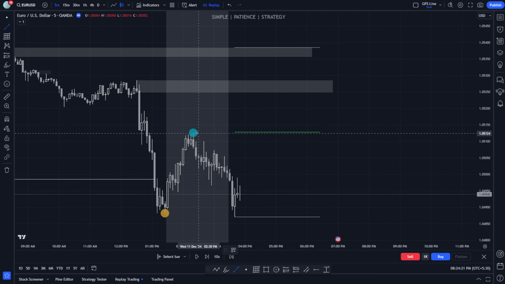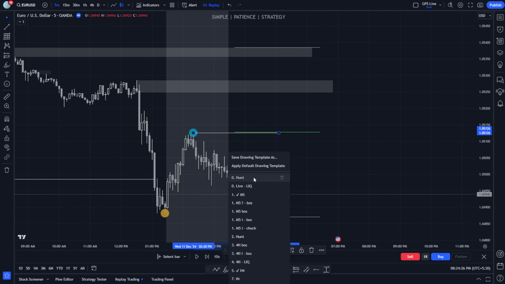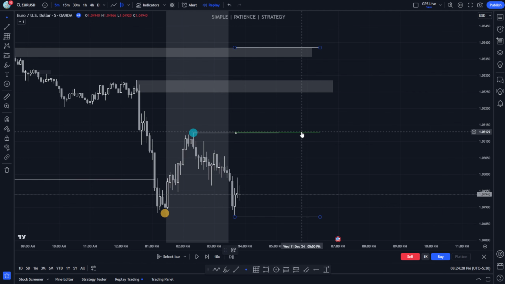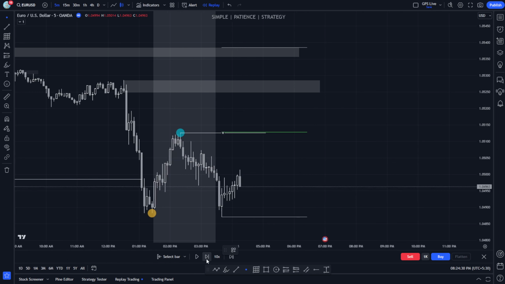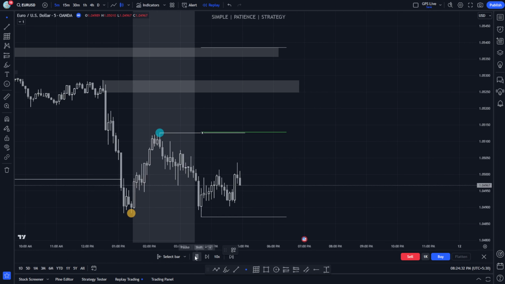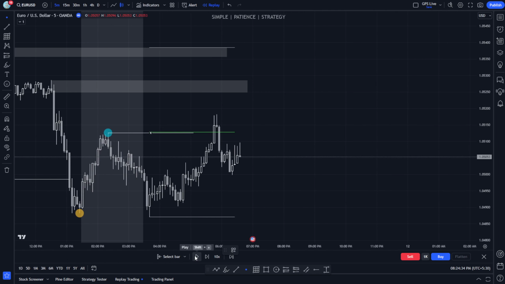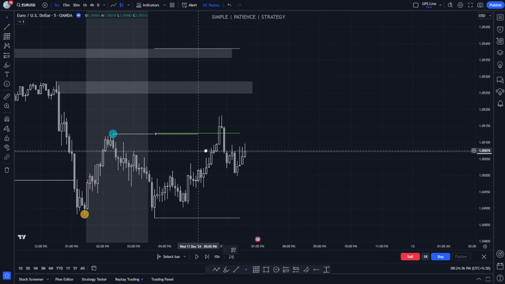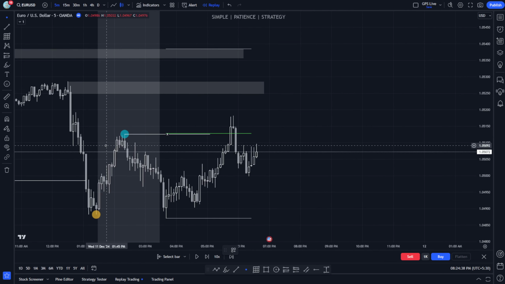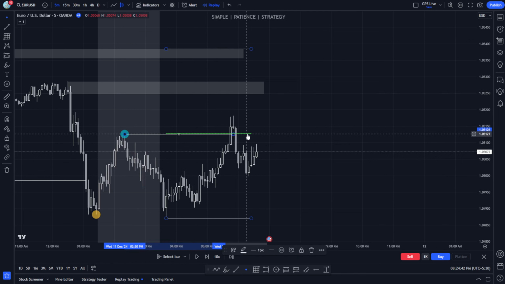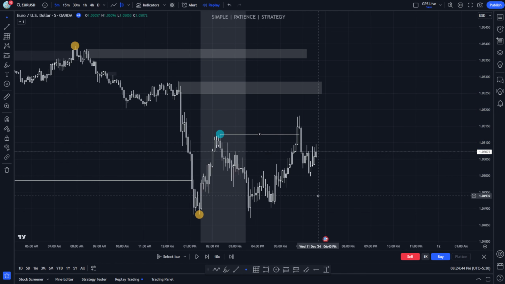So there's a very high chance the market is going to smash this high and take all the liquidity and mitigate it. So let's see what happens. As you can see, the market completely obliterated this high, took all the liquidity from there.